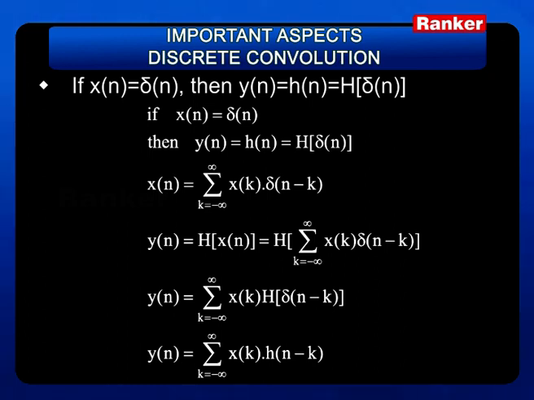If x of n is delta of n, that is I have given the input as a delta function, then what is y of n? y of n is nothing but h of n, and that is equal to capital H of delta n. So x of n will be summation k equal to minus infinity to plus infinity x of k delta of n minus k, because it is convolution here.